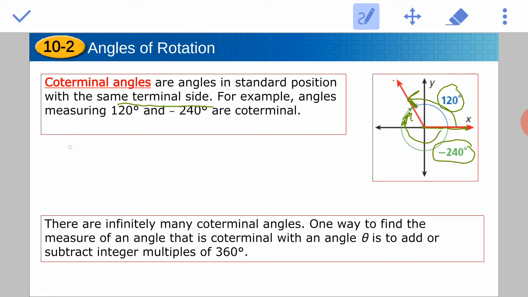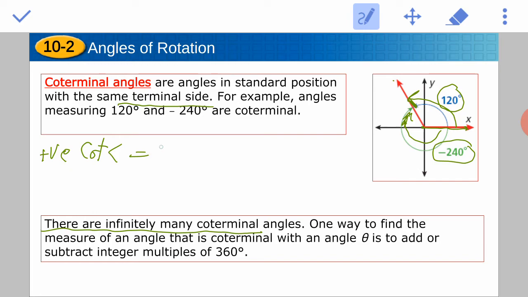So if you take the angle 120 and you need another coterminal angle, for example, a positive coterminal angle of 120, how do we obtain another coterminal angle? Isn't the other coterminal angle only -240? No, there are infinitely many coterminal angles with the same angle 120.